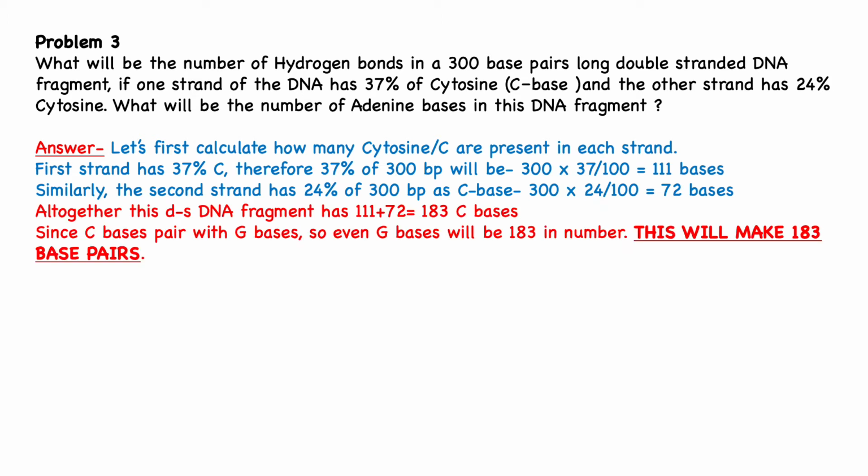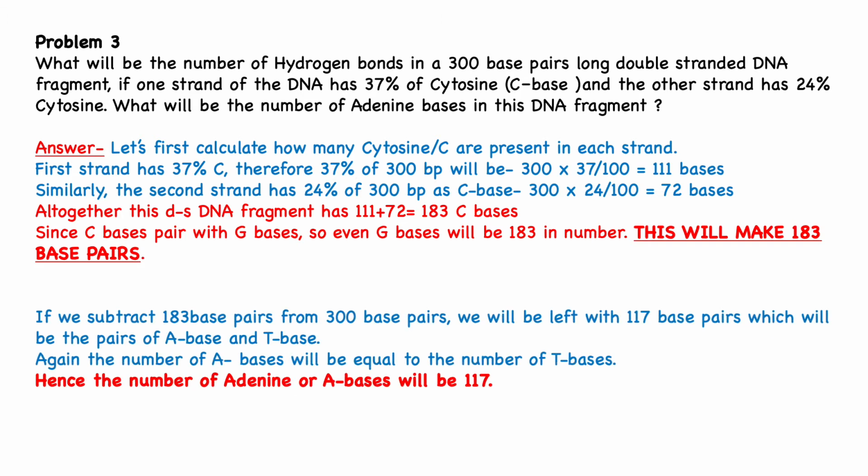It means 183 cytosine bases and 183 guanine bases are present in this fragment. Since the fragment length is 300 base pairs, we subtract 183 bases to get the number of adenine and thymine bases, which is 117 bases each.